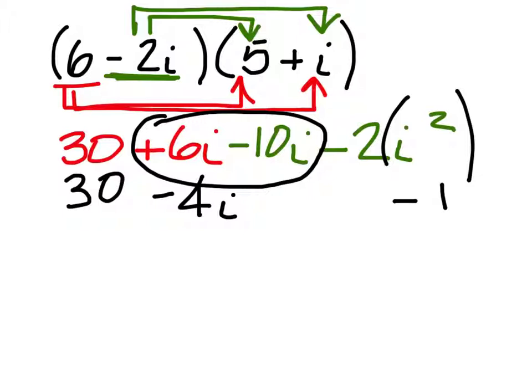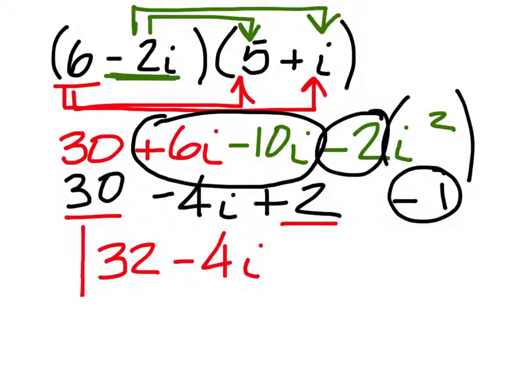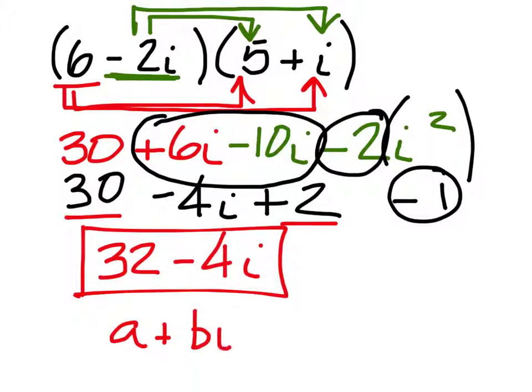Not 3. What kind of 2? Positive 2, yeah, because we have this negative 2 times what is now a negative 1, so that's a positive 2. So we write plus 2. Now we can simplify. What two things can I simplify in here now? 30 and the 2. So that gives me 32 minus 4i. And we're in the right form of a plus bi.